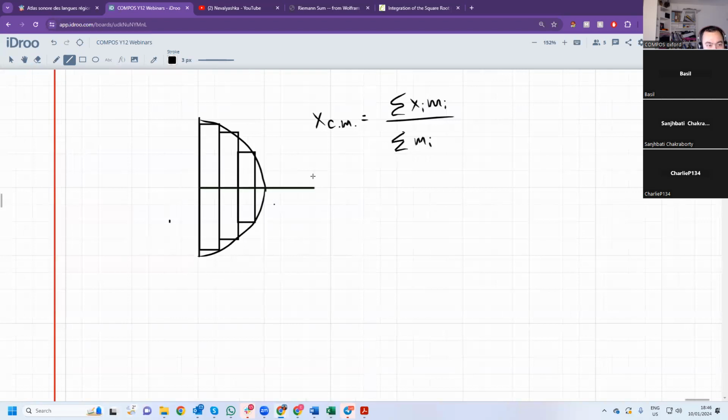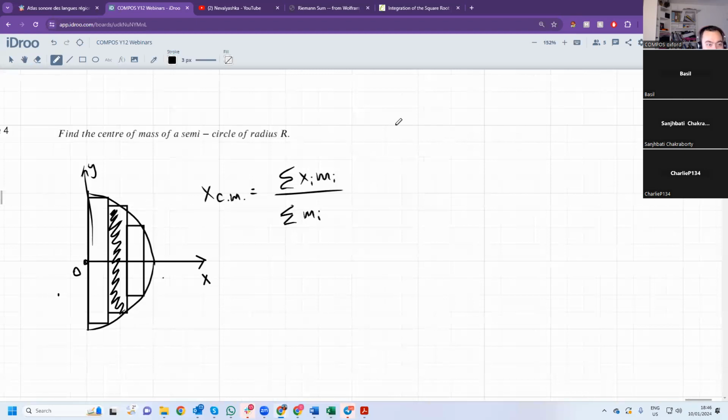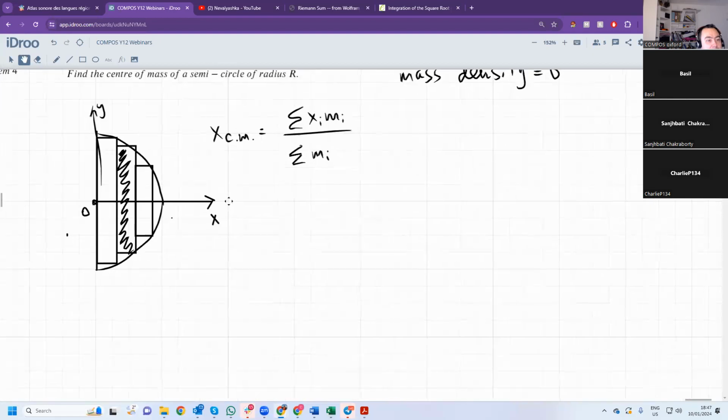And let's take the x-axis. The x-axis goes here, starting from 0 to x. This is the y-axis. And once again, let's say the mass density of the circle is sigma. So sigma is the mass of 1 square meter of the circle, like a laminar mass density. Right.